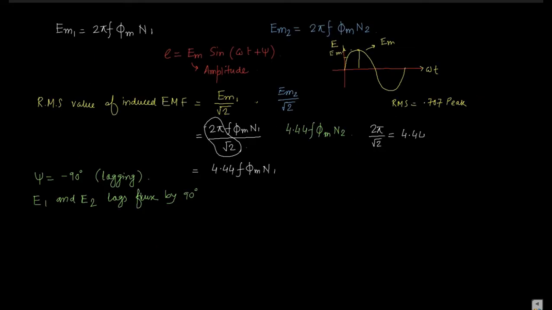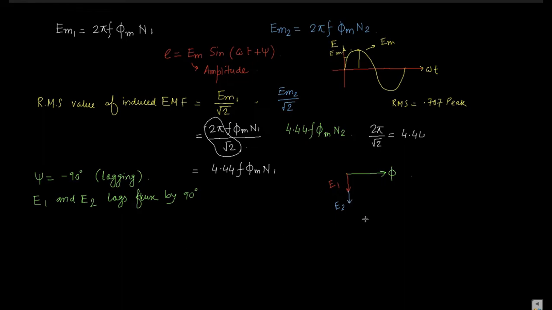So if we draw the phasor diagram, taking phi in the x direction, then if this is E1, this becomes E2.